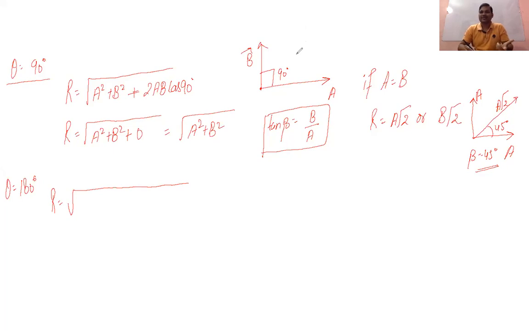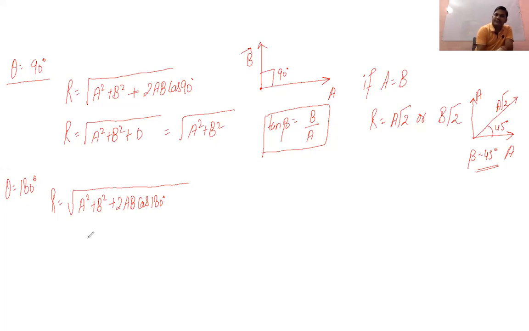They will be able to understand more. So coming to here, this will be A square plus B square plus 2AB cos 180. And you know well that cos 180 is minus 1. So you should remember the value of cos at different angles.